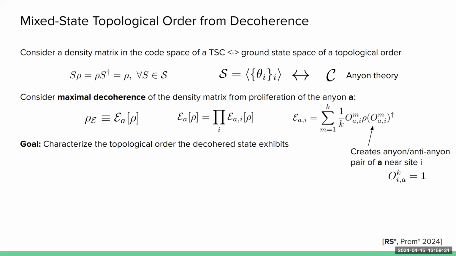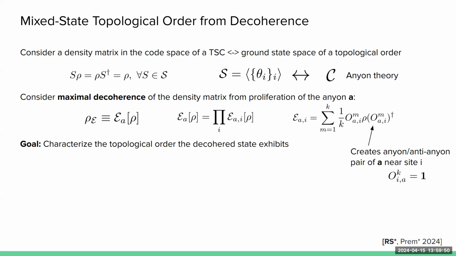And then we're going to subject it to one of these local error channels. You only hit with this operator once. Yes. So it's not like iteration of this, just once. Yeah, there's no continuous time evolution, just one time step.